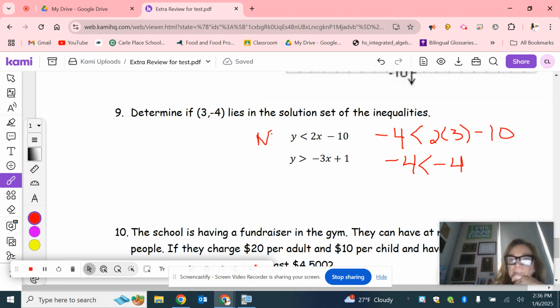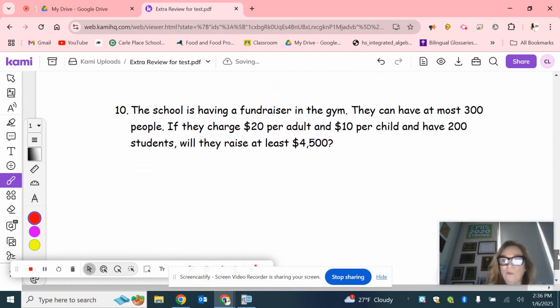That's a no. So I don't even have to check the second one, because if it's not true in one, even if it is true in the second one, it wouldn't make a difference. It has to be true in both. Okay, so no, this does not work. Just keep in mind that you're plugging in for x, you're plugging in for y, and you're seeing whether it's true or not true.